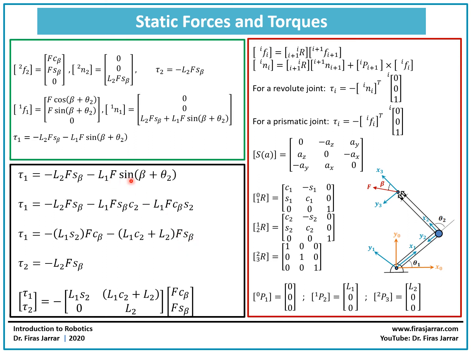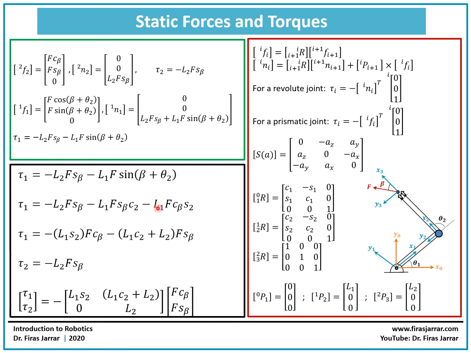So first of all, I need to expand the sine of the summation of two angles and to have it now as the sine of the first angle, cosine of the second, plus the cosine of the first angle, sine of the second, but we have a negative sign here, and both of them are going to be multiplied by L1 and F. And now we group together the terms that have cosine beta.